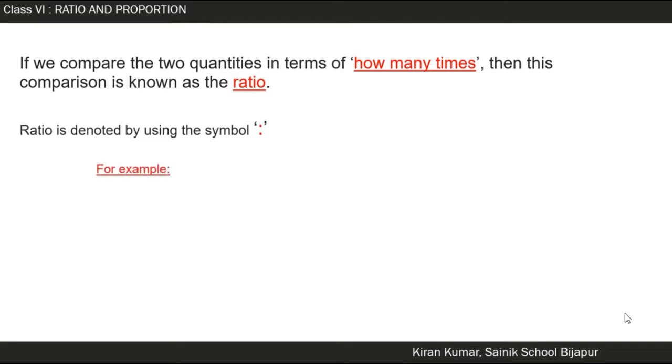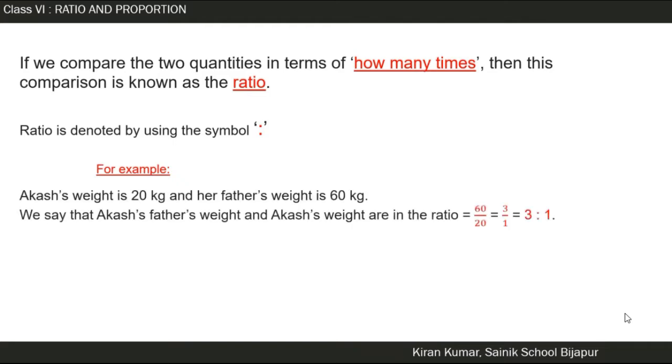For example, Akash's weight is 20 kg and her father's weight is 60 kg. We say that Akash's father's weight and Akash's weight are in the ratio 60 by 20, which is 3 by 1, nothing but 3:1.